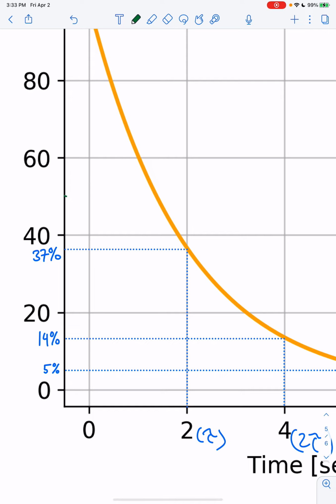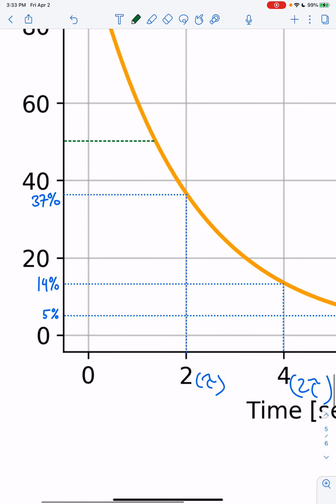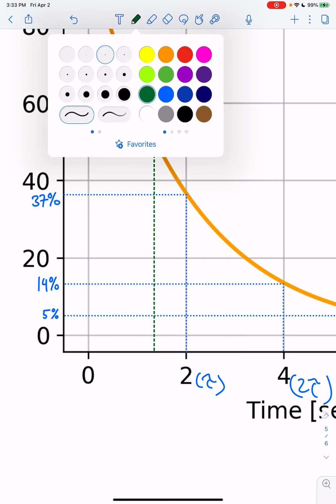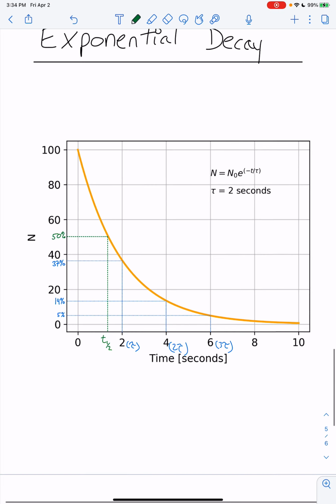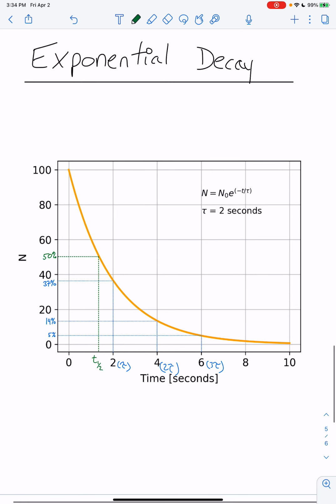I'm going to pick out 50% and then draw this down here. So this amount of time is a special amount of time. This is 50%, and that's our half-life. You can see here that the half-life is going to be a little less than tau.